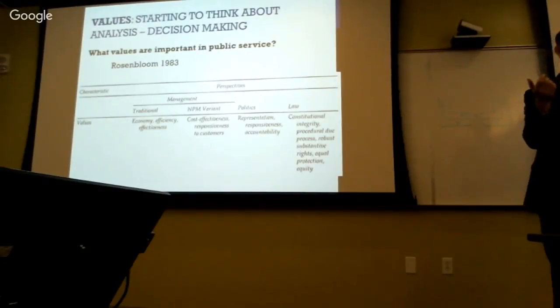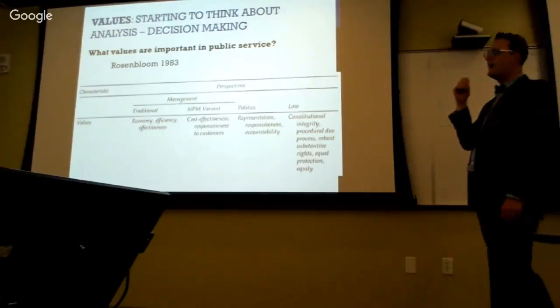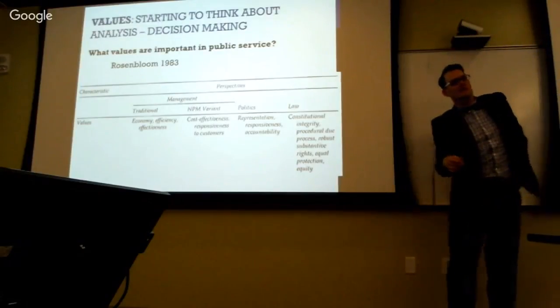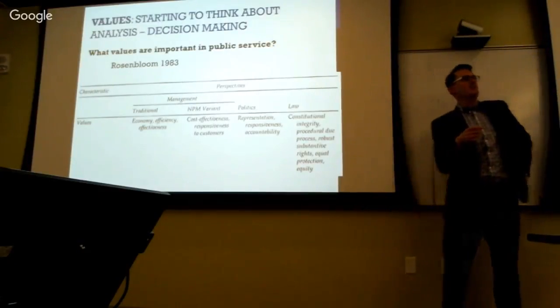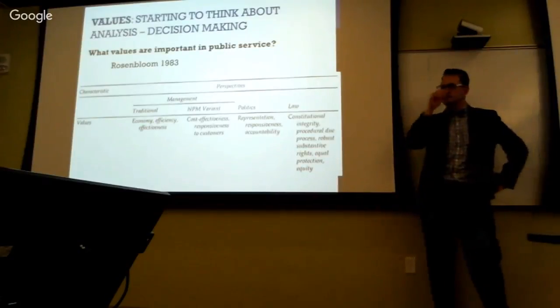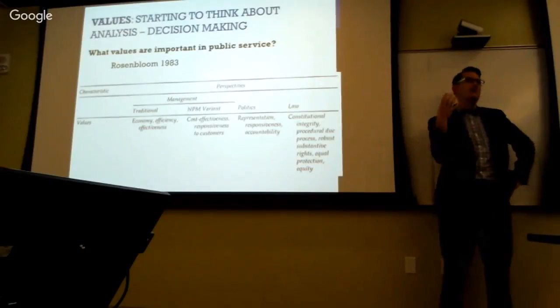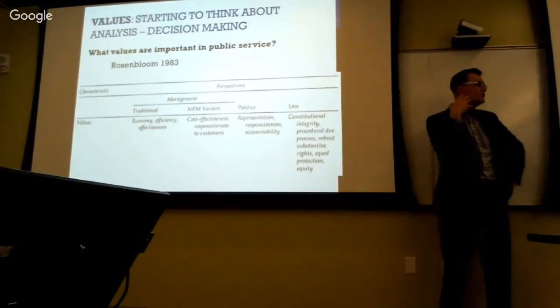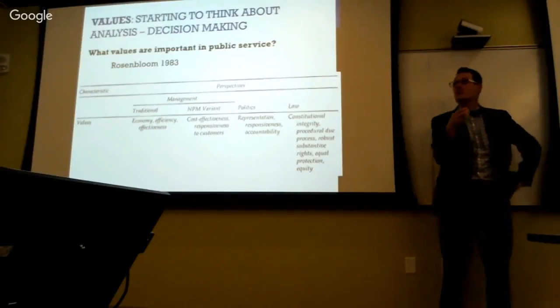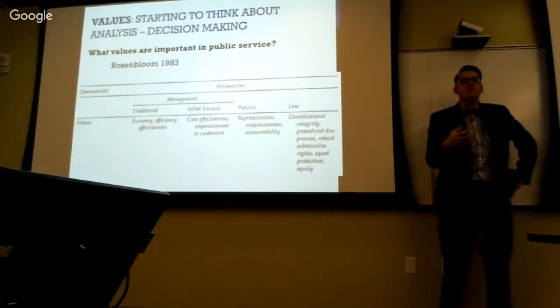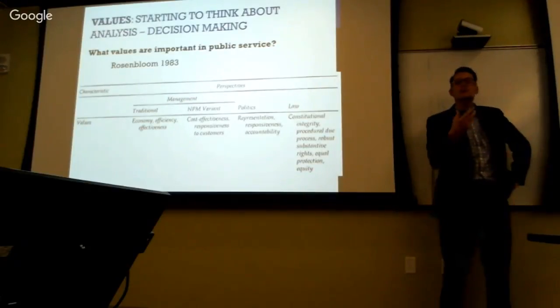This is a really bad copy of a copy of a set of values that a theorist, Rosenblum, said are central values, as beginning places to start thinking about the key values of public management, of public service.